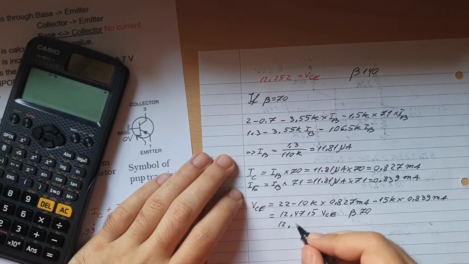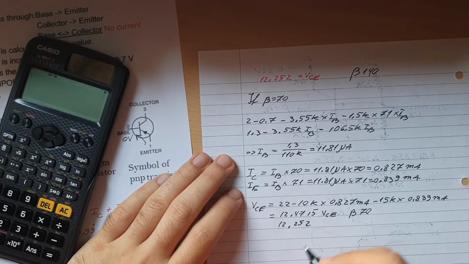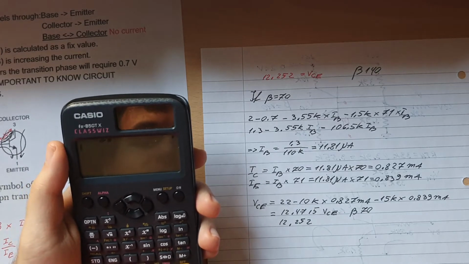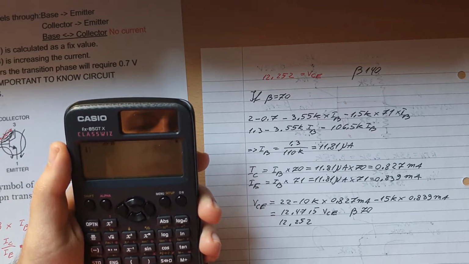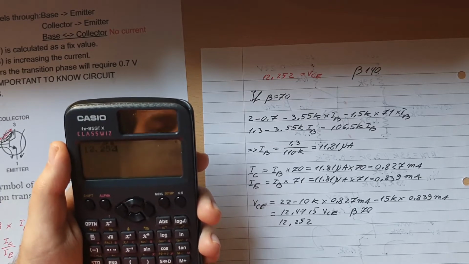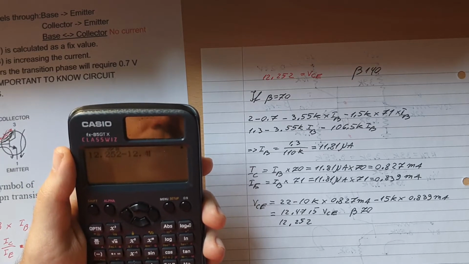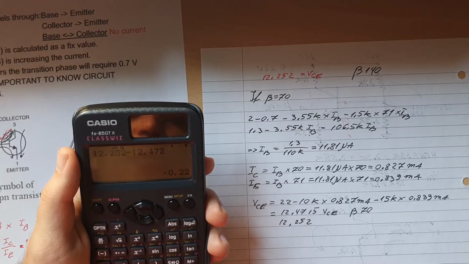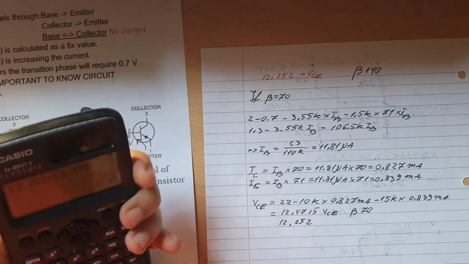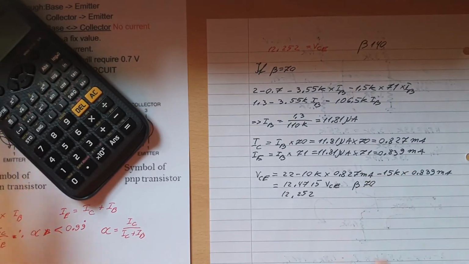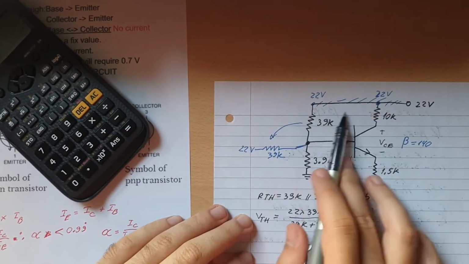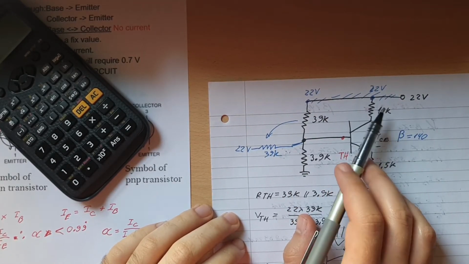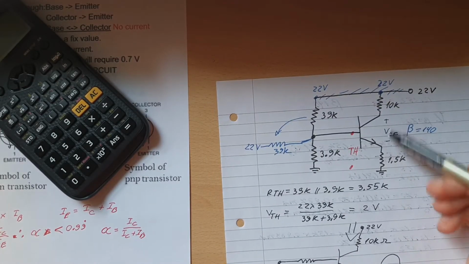This one is 12.252, and the other is 12.472, so it's basically a difference of 0.22. So this formation here will keep the voltage in control, no matter how much current gain comes from the top. Okay, so it just keeps the same voltage around this point here.